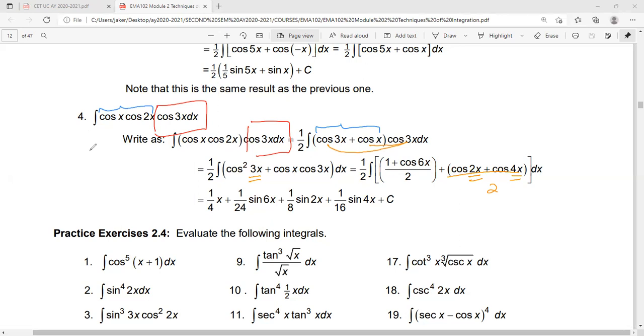So integrals can be as complicated as this, or as simple as the ones in the previous examples, wherein you only have one single trigonometric expression to integrate.